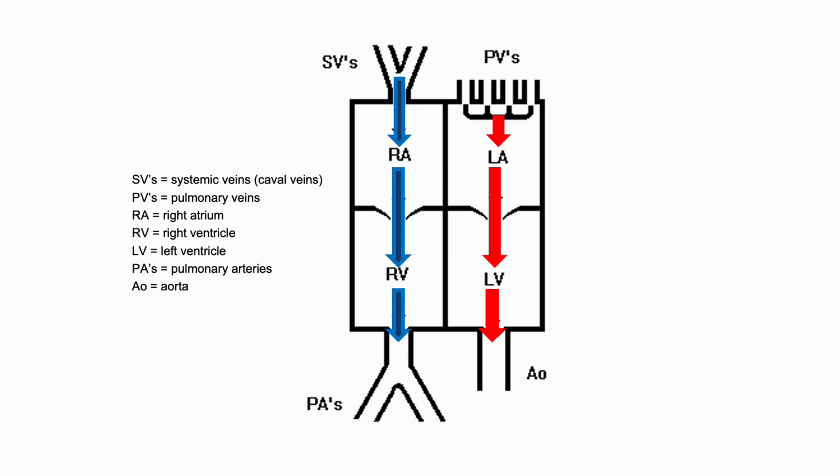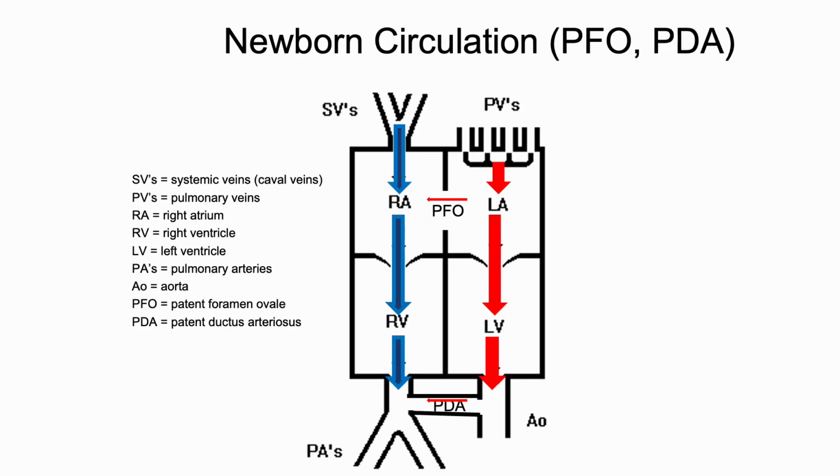So, starting off with normal circulation, like we just walked through a complete circulation from the blue side, the right side of the body, all the way to the left side, the red or the oxygenated side of the body. The next step is what happens in the newborn. In the newborn, you have the addition of a patent foramen ovale, which is the opening between the top two chambers of the heart, and you have a patent ductus arteriosus, which is a connection between the aorta and the pulmonary artery.